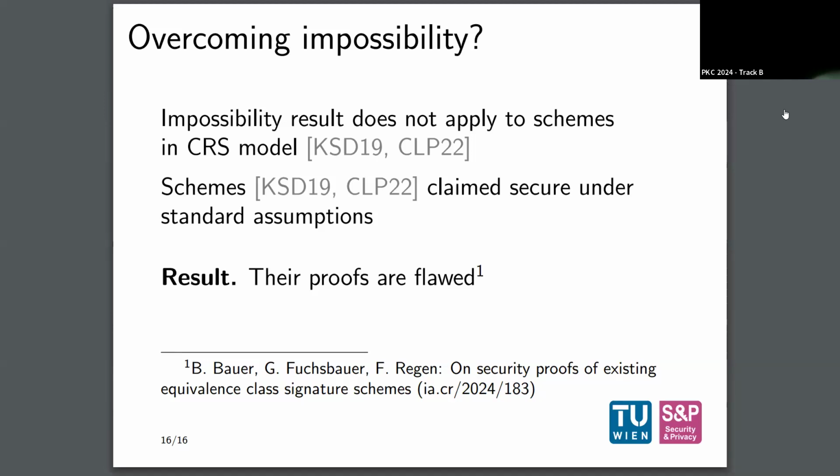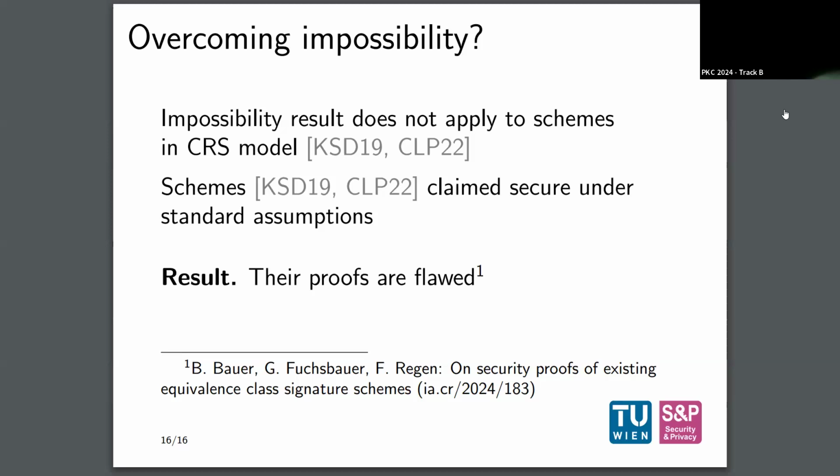One question about this slide, so it's under the puzzle. So you're saying that the impossibility result does not apply to schemes in the CRS model, right? So those schemes in the CRS model are coming from the standard assumption, but this does not imply that the scheme must be wrong, right?